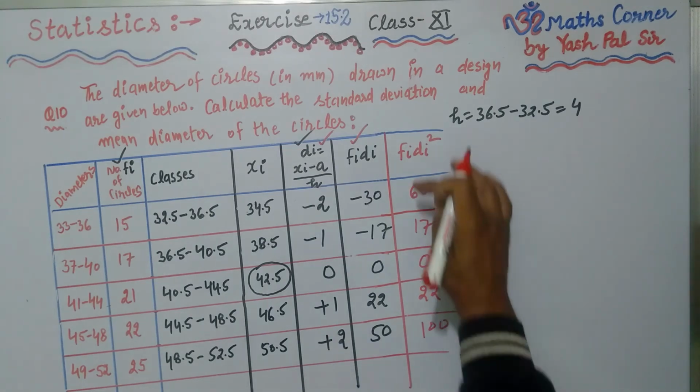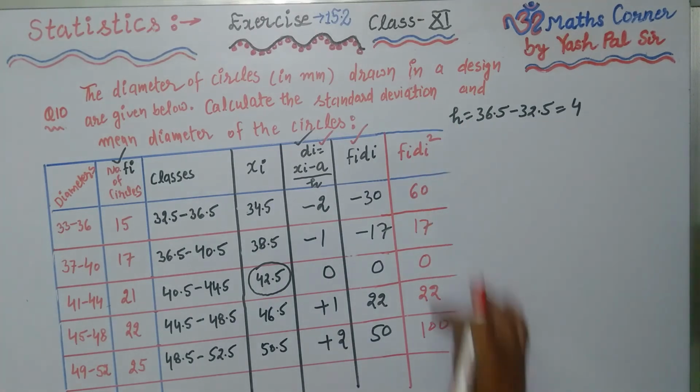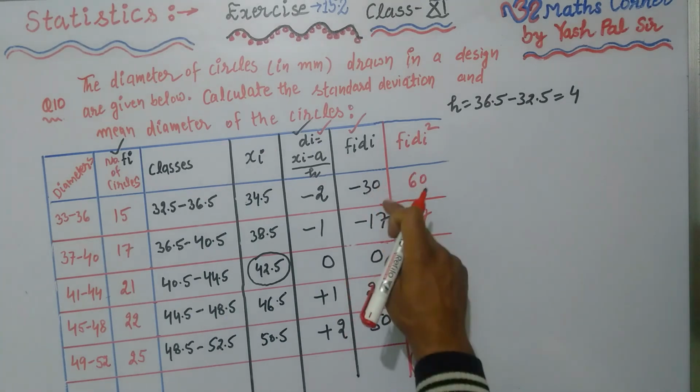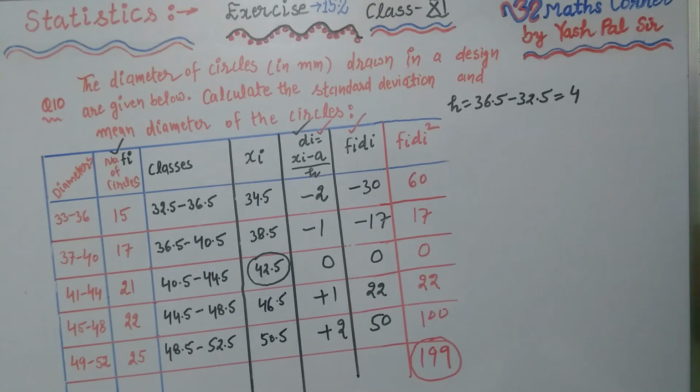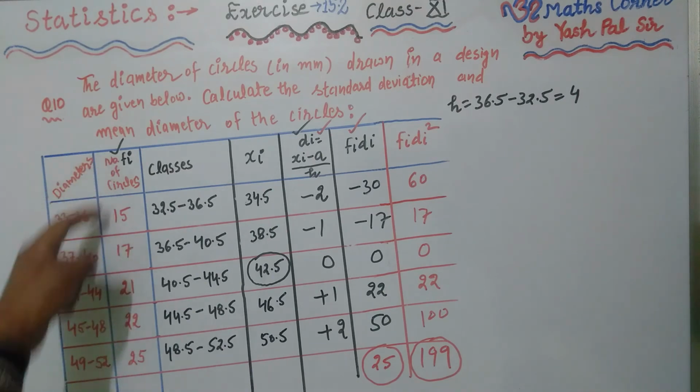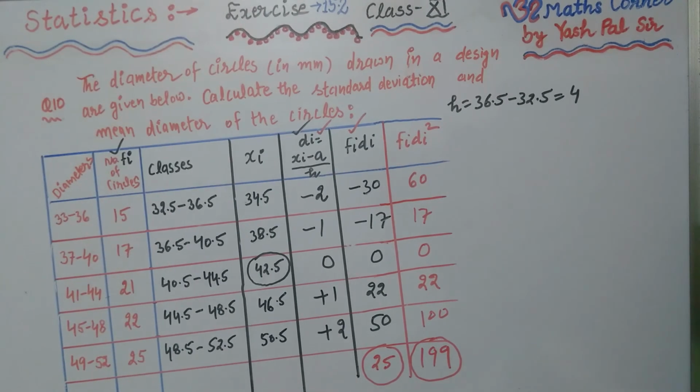Right, now we shall find the sum of this column. The sum is 199. Similarly, here also we find the sum. Here the sum is 25, the sum of fi di. Also, the sum of fi, the frequency, is 100.